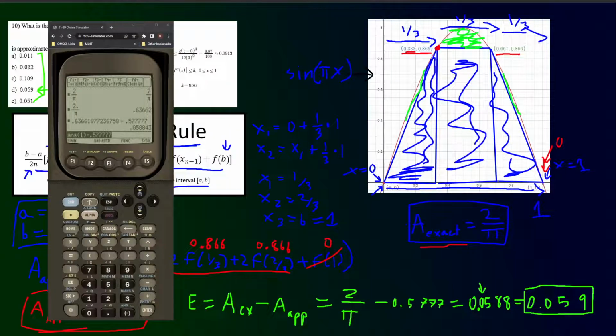So this is how we get the error. We do the exact area, which is using the integral, and get the approximate using the trapezoidal sum. Any sum is going to be approximate. It's not going to be exact, which means there's an error between what it actually is and what's there. So this green thing is the missing part, another way to think about it. All of these little squiggles that I drew earlier are the missing part from the sum formula.